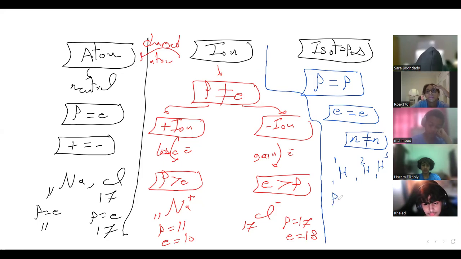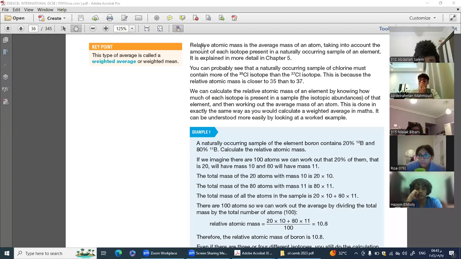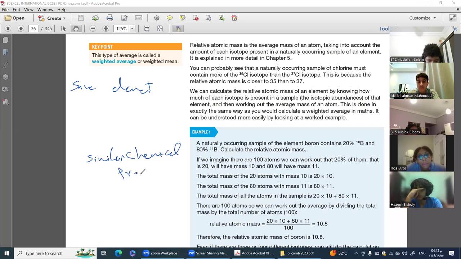All of them contain protons equal electrons equal 1, but neutrons 0, 1, 2. Different. As we said in isotopes, they are same element and they have similar chemical properties. Why?